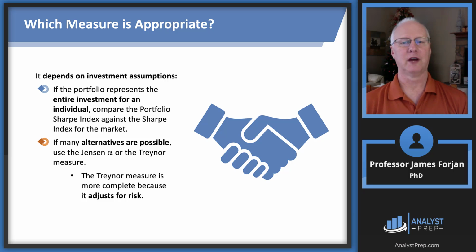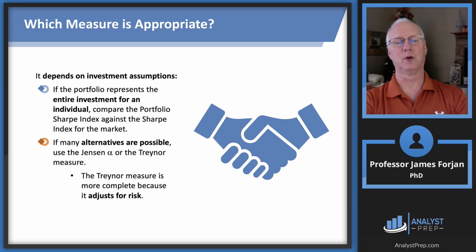Let's go ahead and scratch our head and say, boy, we have all of these researchers out there who are kind of duking it out, saying, okay, use mine, mine's best. Boy, so what do we say? Really, it depends on the construction of the actual portfolio. Sometimes Sharpe might be appropriate, sometimes Treynor might be appropriate.